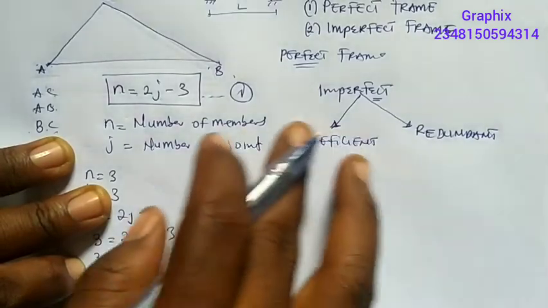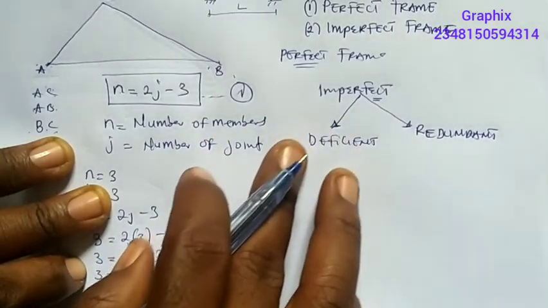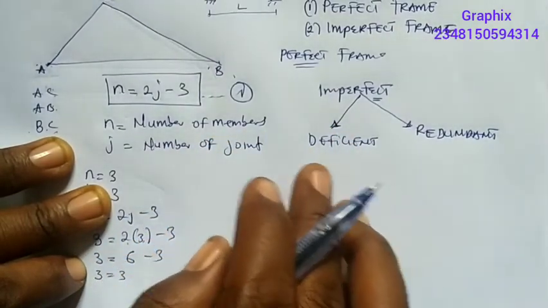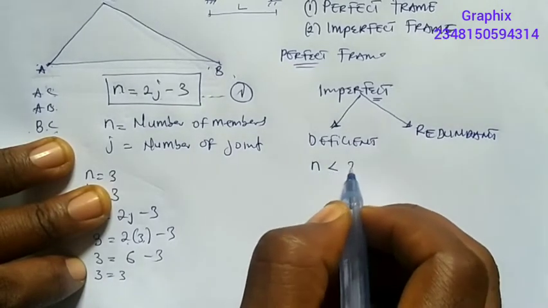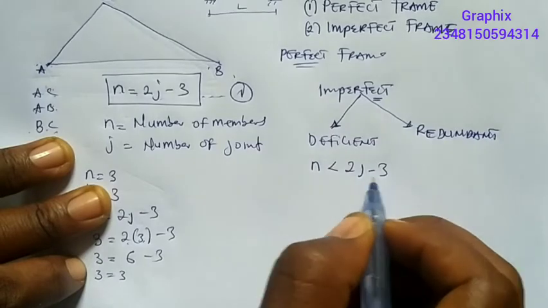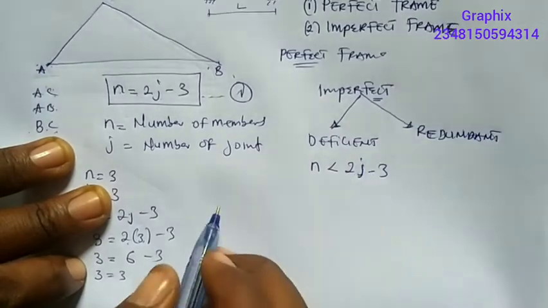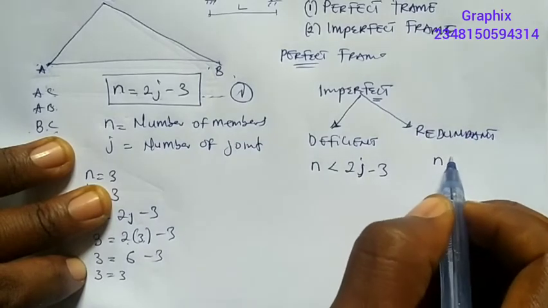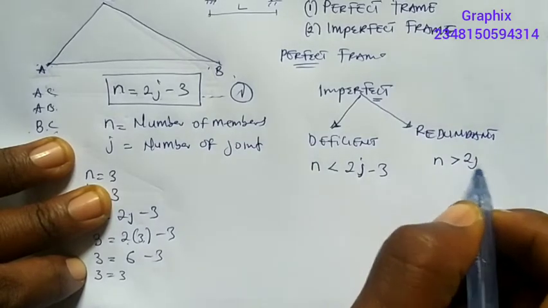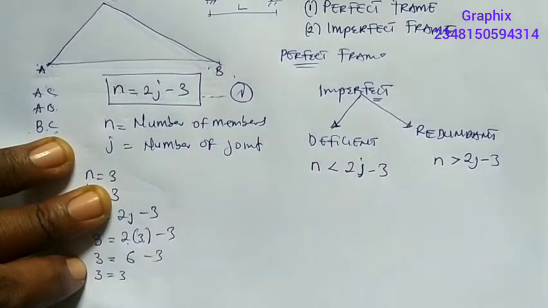A deficient frame is one in which the number of members is less than 2j minus 3, that means n is less than 2j minus 3. While for a redundant frame, n is greater than 2j minus 3. Are we good?